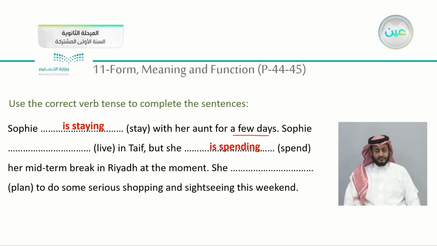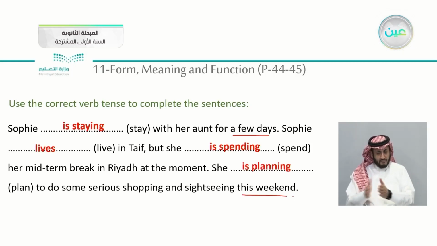She lives in Taif. However, she spend her midterm break in Riyadh. Just the midterm break, is spending. And she plan to do serious shopping and sightseeing this weekend, is planning, because it is about this weekend, so it is about the future.